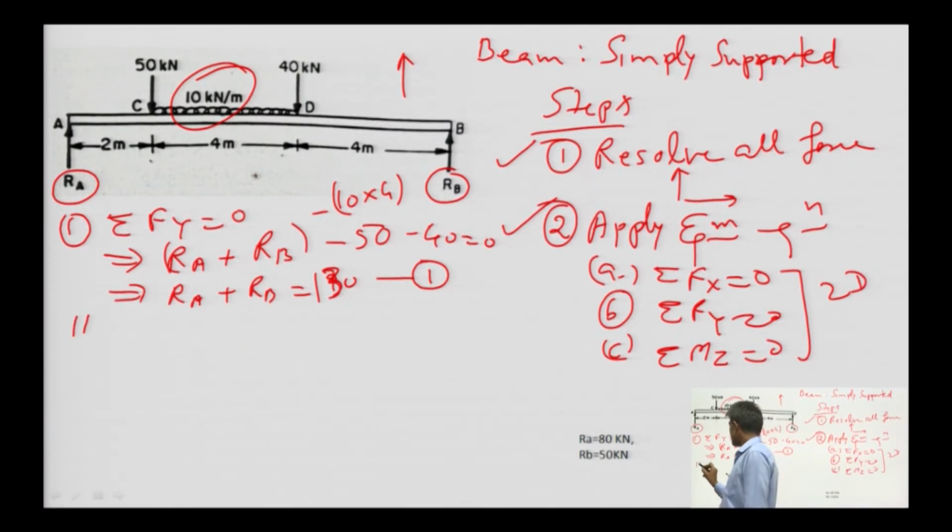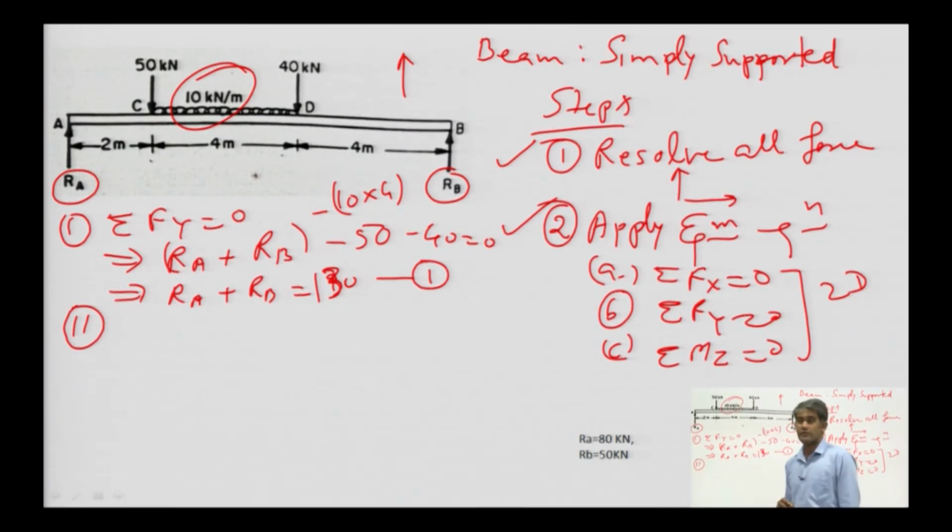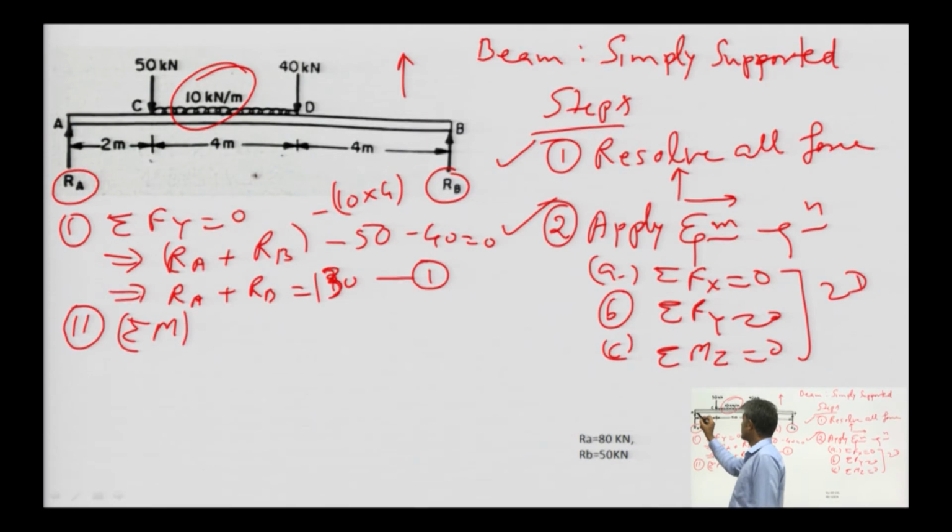Apply another equation, sigma M is equal to 0, sigma M about any point. You can take this point A, you will get the same result. You can also take the bending moment at this point also.